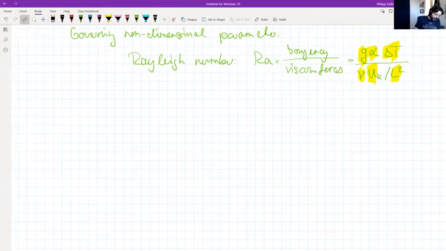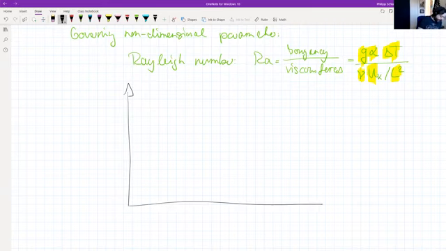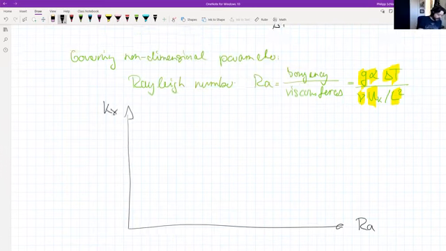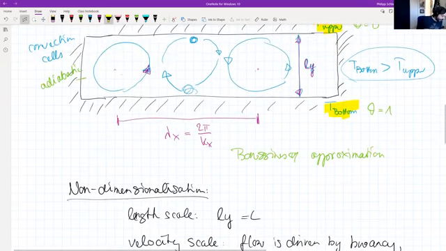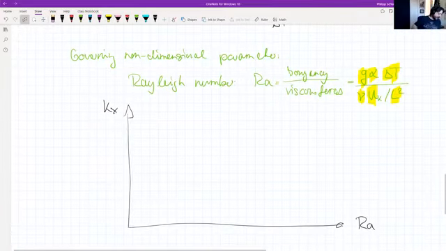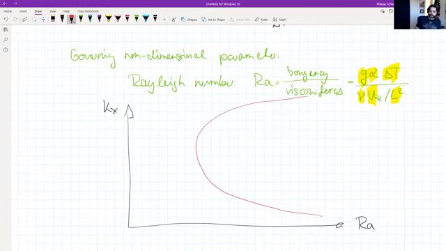What he found is the following: you can draw a diagram like this. You draw the Rayleigh number on this axis, and on this axis the wave number kx. Remember, wave number kx was this guy here, the size of the structures that arise. In this diagram, one can calculate that there will be a curve that perhaps looks like this, and this is called the neutral stability curve.